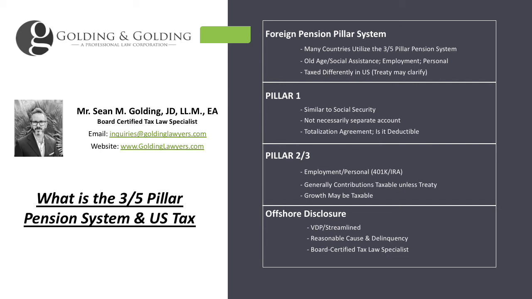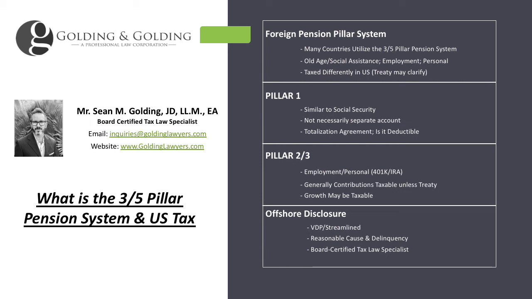Now, when it comes to the growth, if you're in a non-treaty country, like let's say you've got a CPF, the growth within that is taxable, which is absurd. So the contributions you make into the foreign pension, non-treaty country, right? Contributions you make into the foreign pension are typically going to be taxable in the U.S. and the growth as well, because there's no tax deferral, there's no treaty.